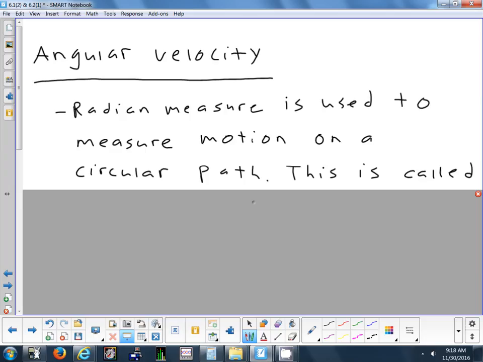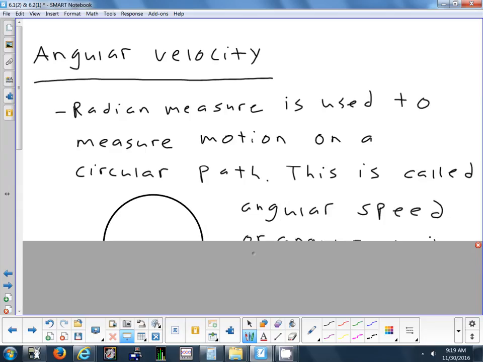Okay? I don't care what time unit you use. Use whatever's in the problem. So if they give you information in seconds, you could find a speed in radians per second. If they give you information in hours, you could find a speed in radians per hour. All right, but radians is kind of the default unit unless they say to do something different.